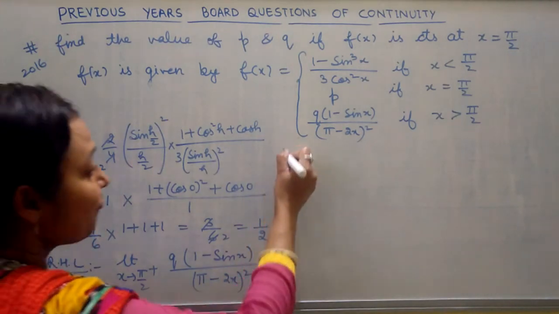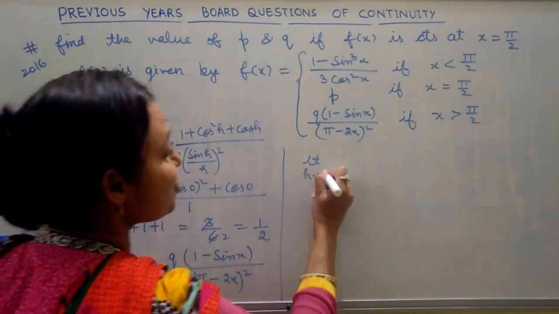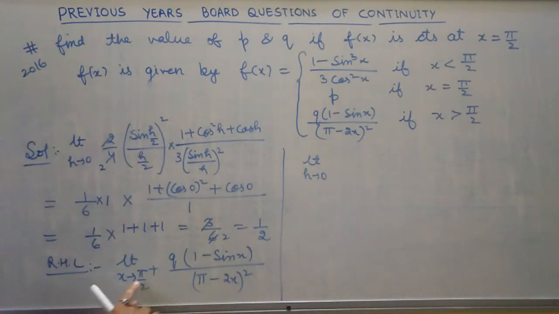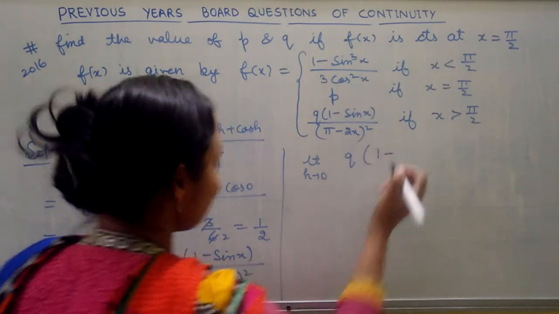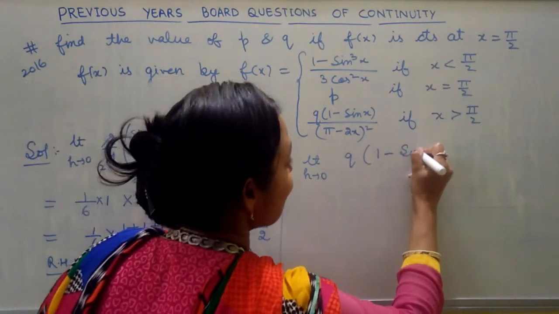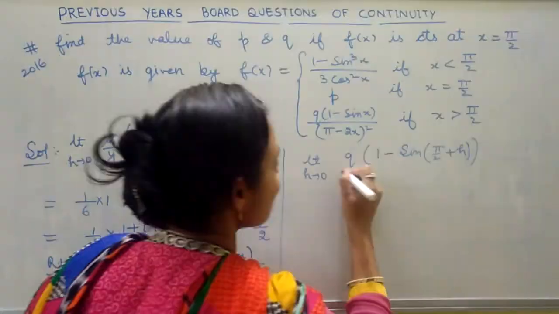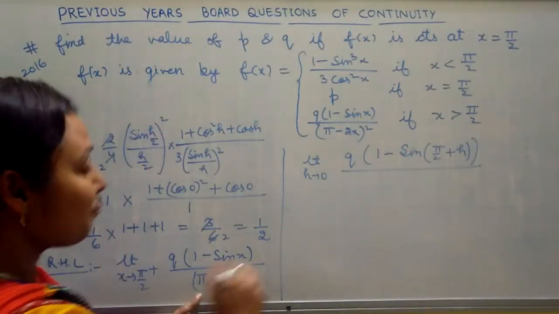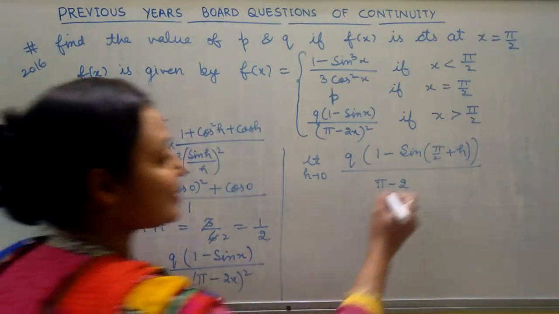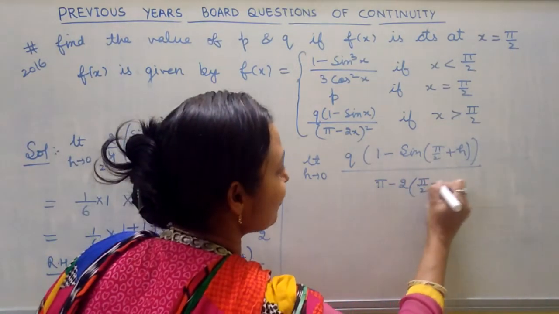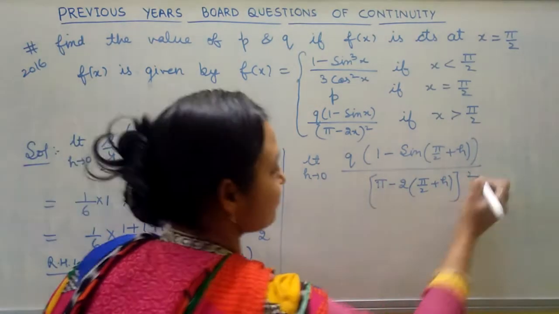For the right hand limit, I will take limit h approaches to 0. In that case, you have to take pi by 2 plus h: q into 1 minus sine of pi by 2 plus h, divided by pi minus 2, in place of x we will have pi by 2 plus h, and whole square.